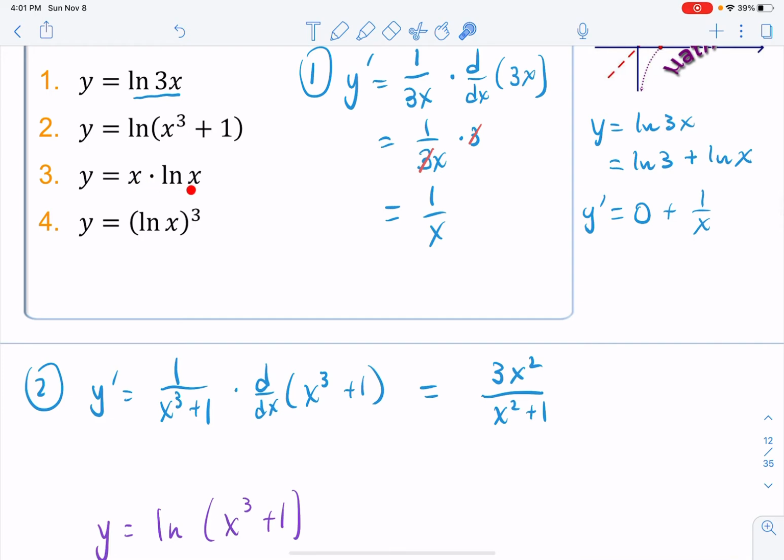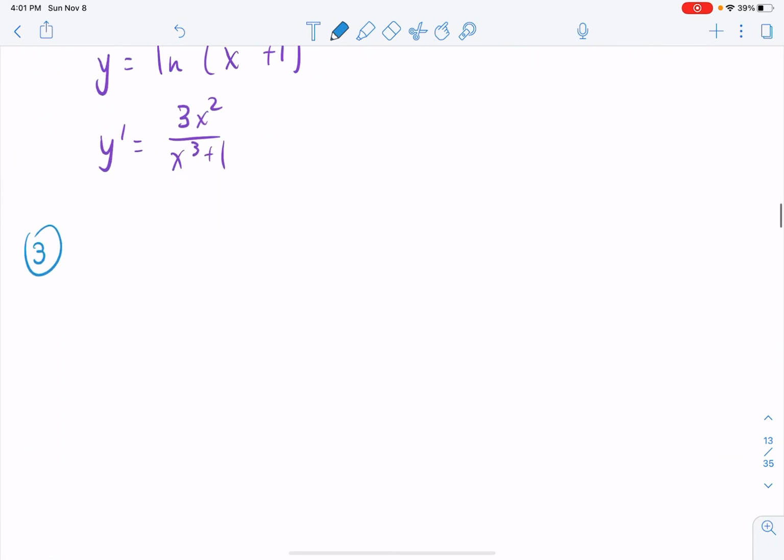All right, number 3, if I'm not mistaken, is a product. x times the natural log of x, which means that we will have to use the product rule. y prime is equal to the derivative of the first one, which is 1, times the second one, the natural log of x, plus x times the derivative of the natural log of x, which is 1 over x.